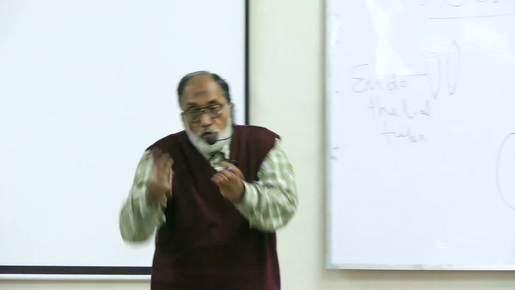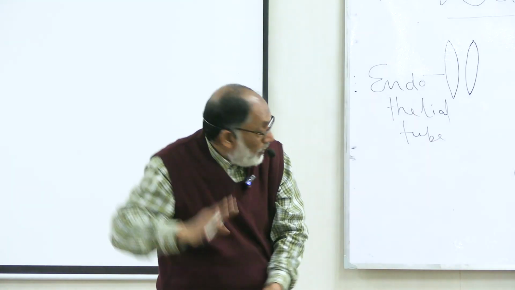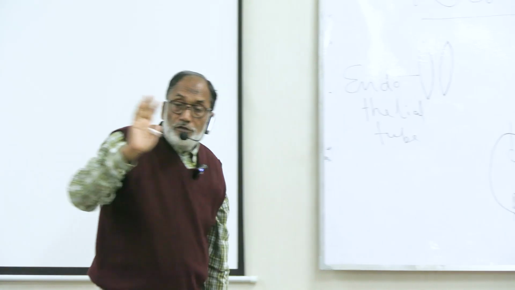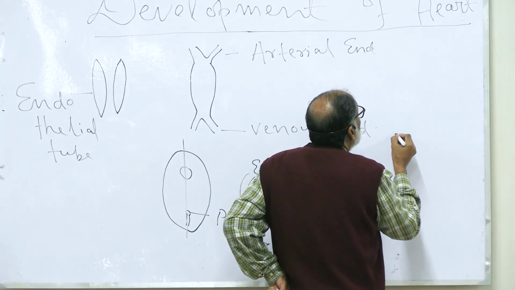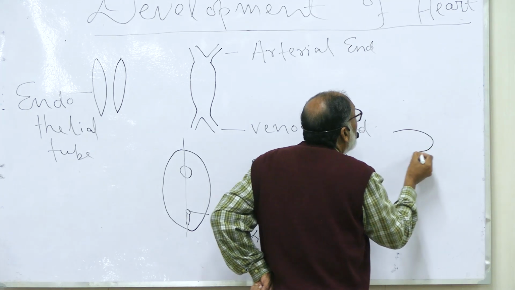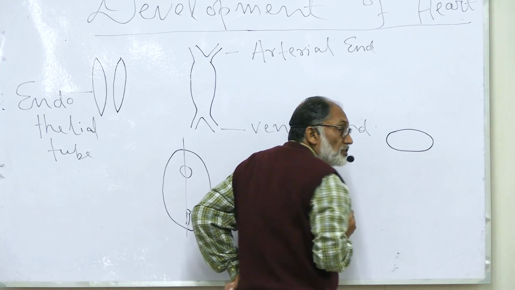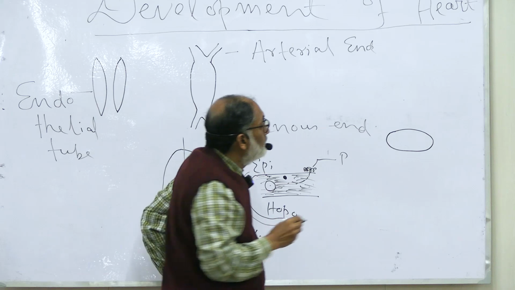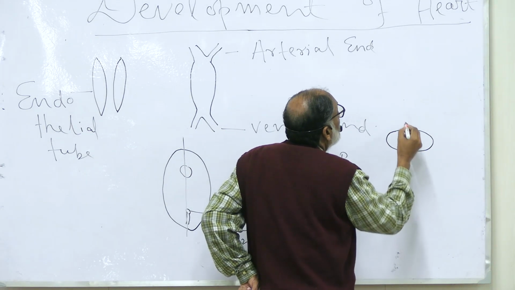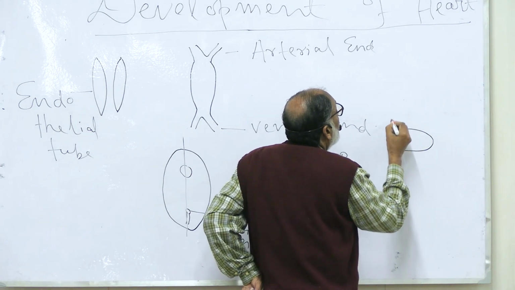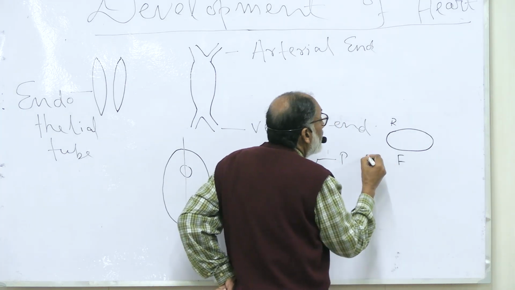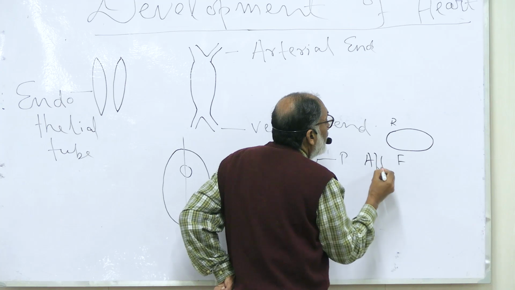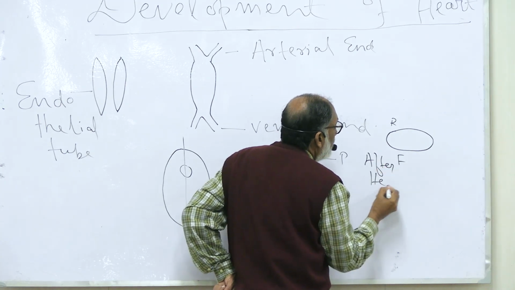Now floor will be roof and roof will be floor. Suppose this is the pericardium. Now it is the roof, it is the floor, and this is after head fold.